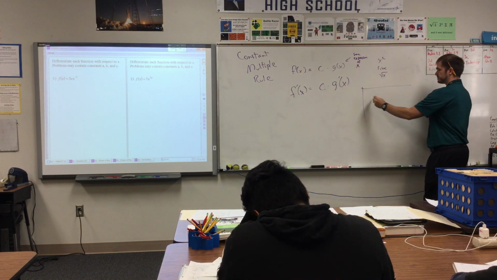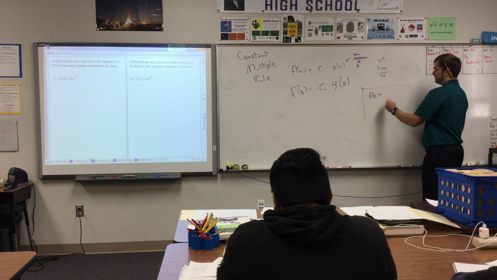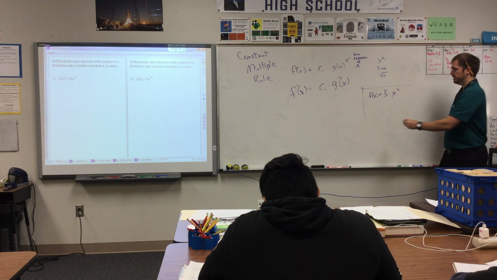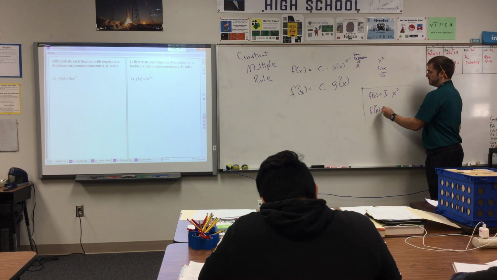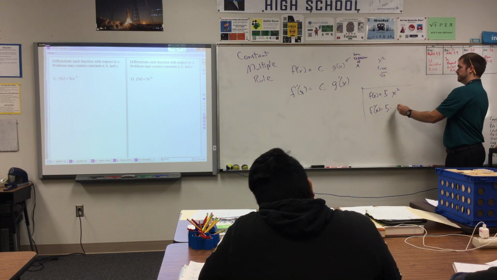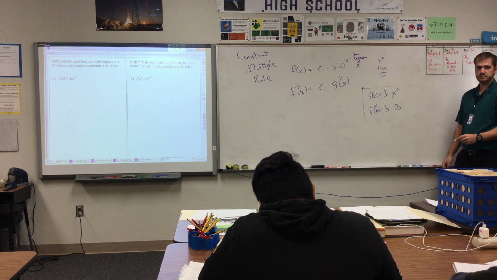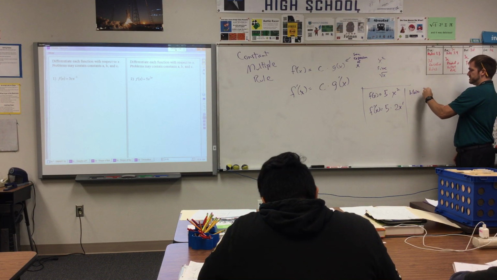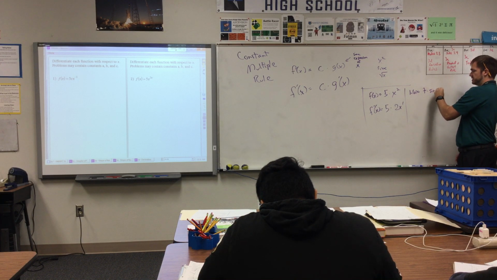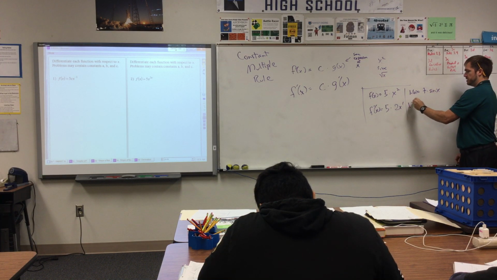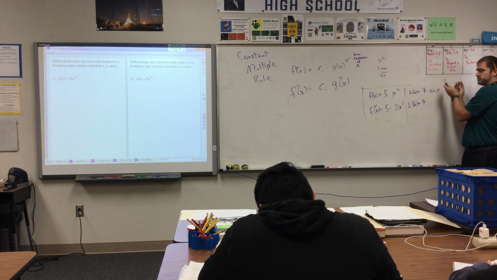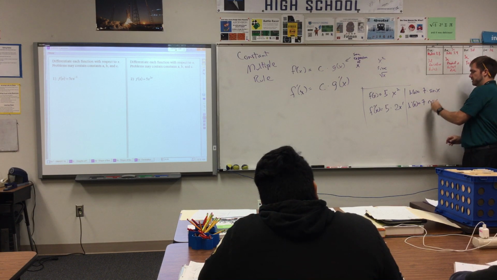Example. If f of x equals 5 times x squared, the derivative is 5 times 2x to the first. Example, if h of x is 7 times sine x, h prime is 7 times the derivative of this function over here, cosine x.